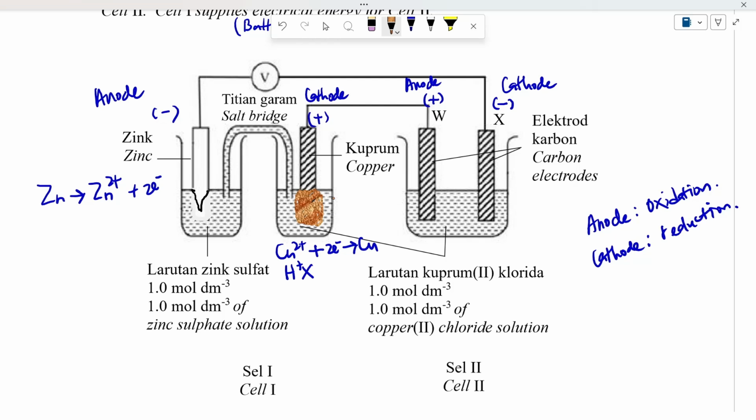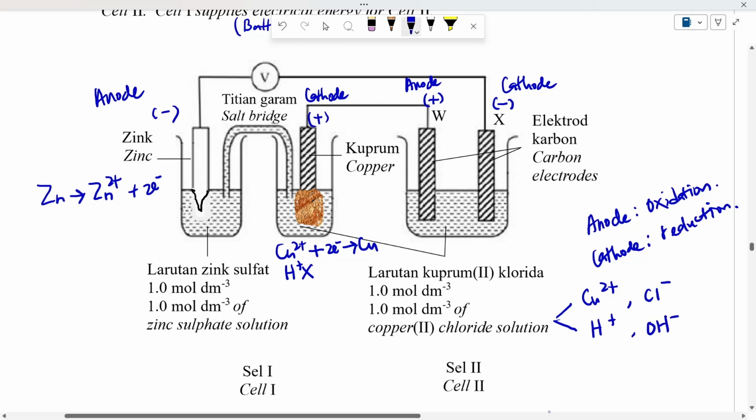Then for cell 2, now we look into cell 2. We are going to look at the ions. What ions are inside here? Copper(II) chloride solution: Cu2+, Cl-, then from the solution, hydrogen and hydroxide. Copper and hydrogen are attracted to the cathode here, the opposite charges.